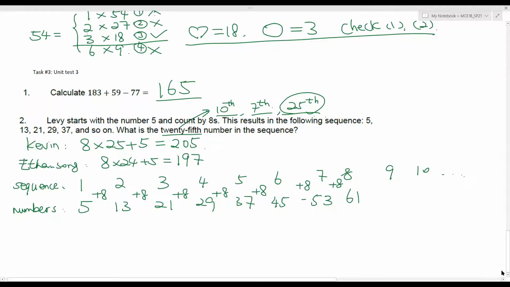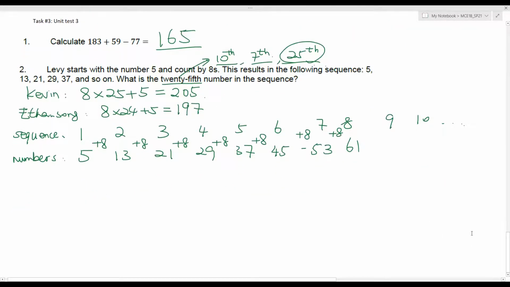Oh, Ethan Song. So the only difference between Kevin and Ethan was this multiplier, right? Should we multiply by 24 or 25? Okay, so let's see this. Let's just write the first 10 numbers out and we'll do the experiment.